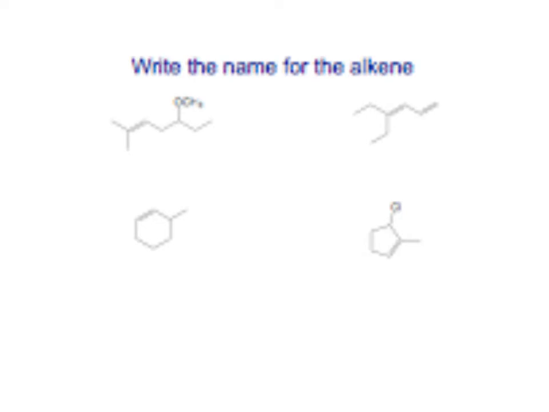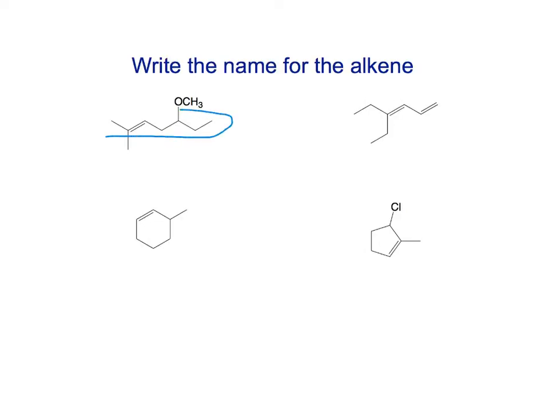Let's do a few more examples. This first one should be pretty easy, right? So we can pick this chain right here, number it to give the double bond the lowest number, so we're going to number it from left to right. That gives us another hept-2-ene.